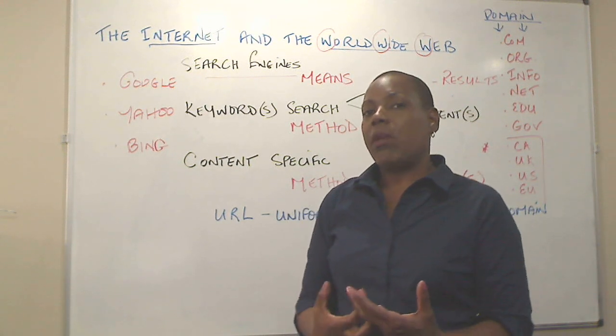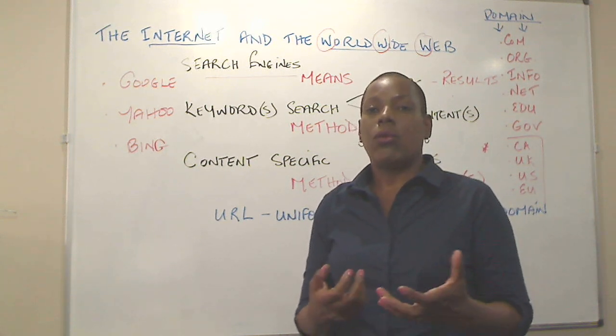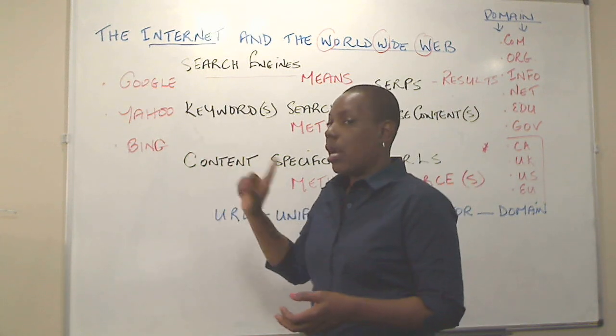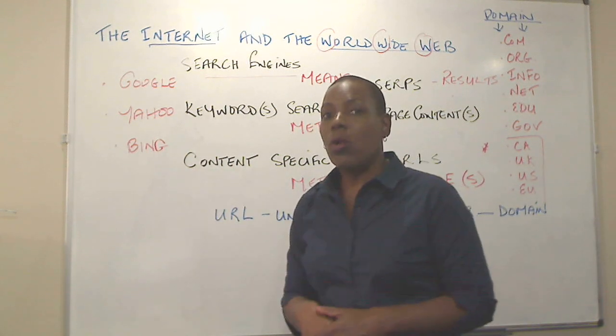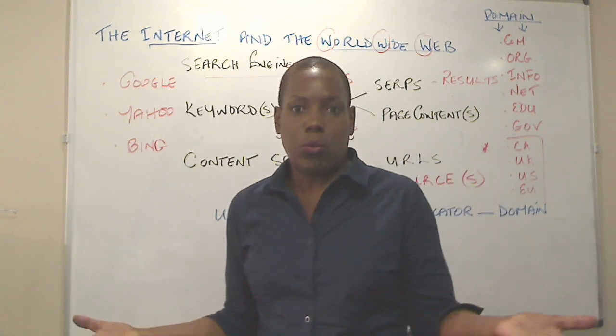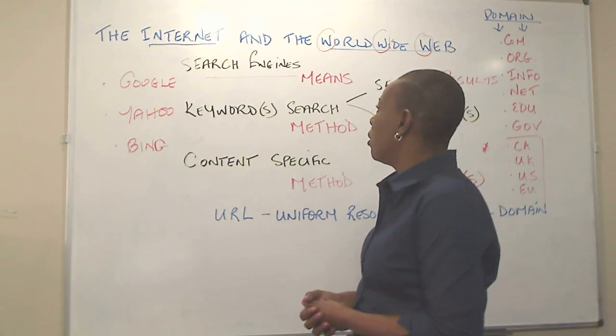Also, what you may find featured prominently on the first search page can differ among the three. Again, these three are not the only search engines, but they are the search engines that we commonly use or we have grown up to know as the primary search engines.